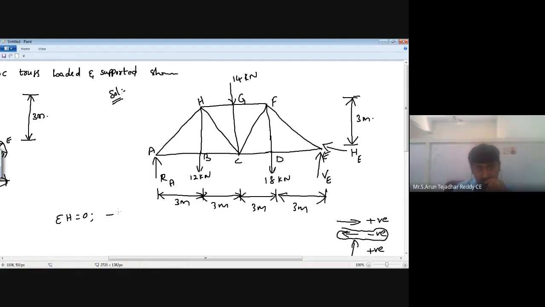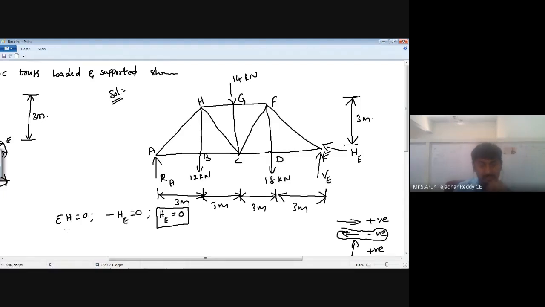We can write it as minus HE, and there is no other horizontal force, so simply equal it to 0. Then HE is equal to 0. It means in this whole truss, there is no horizontal force.